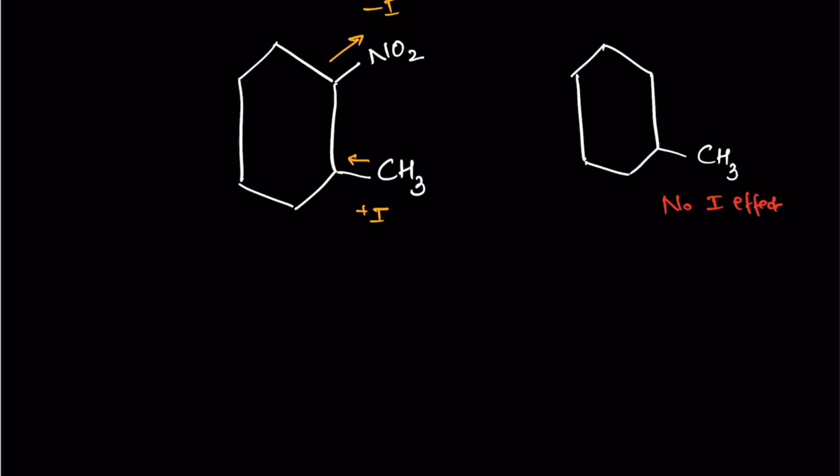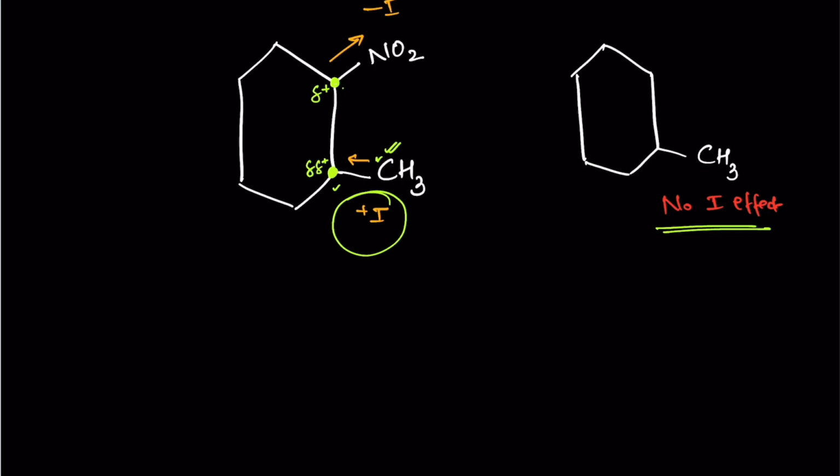Why is that? Why was there a +I effect over here but no inductive effect over here? The reason is the inductive effect at this carbon atom is because of the partial positive charge present at this carbon atom. Because of the partial positive charge here, there is a slight partial positive charge over at this carbon atom, and due to this there is a difference in electronegativity between this carbon and the carbon atom here, and so we can see inductive effect here.